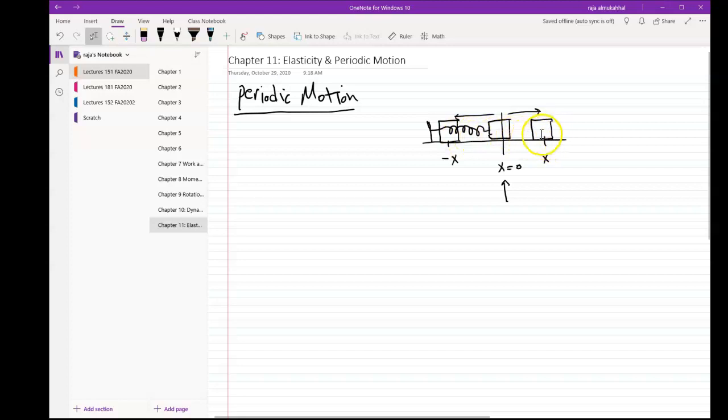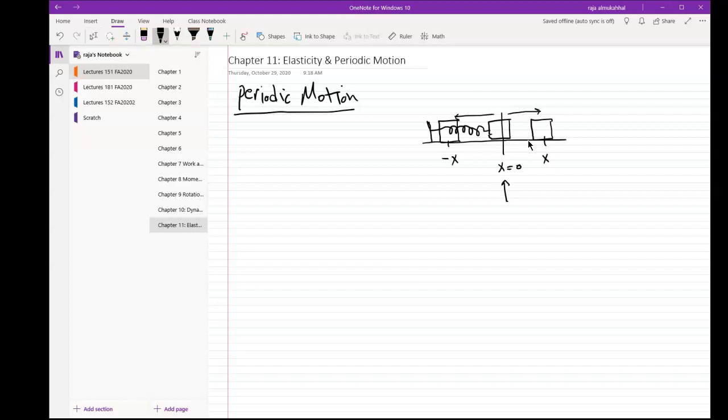What's causing it to move is a force that keeps moving it towards x and then toward negative x. We call it a restoring force. This cycle repeats over and over, and this kind of motion we call periodic motion.